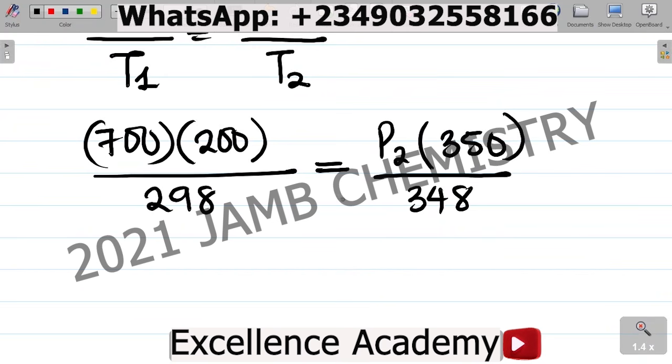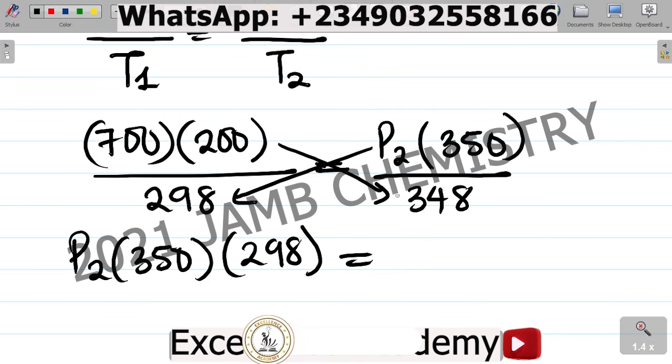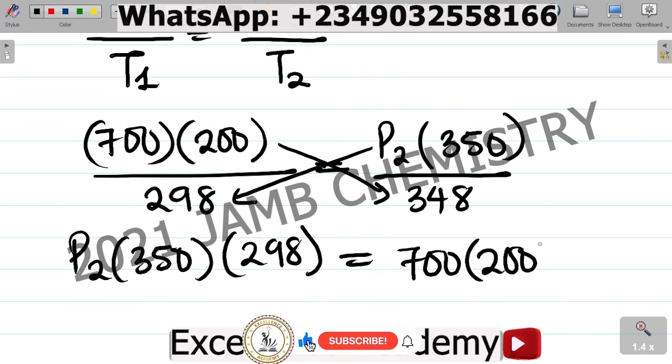So let's solve this. Cross multiply. We have P2 times 350 times 298 is equal to 700 times 200 times 348.